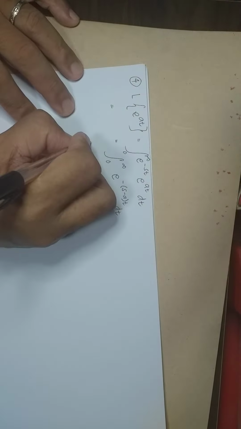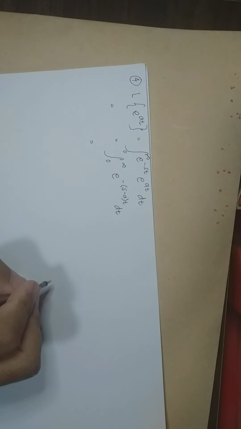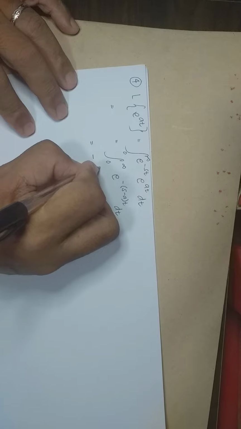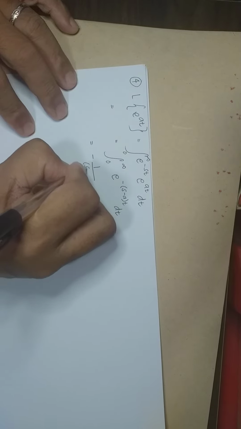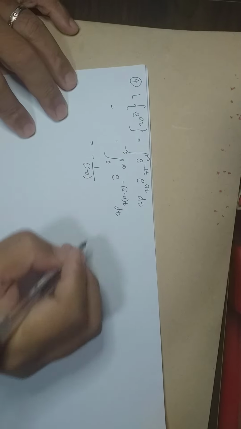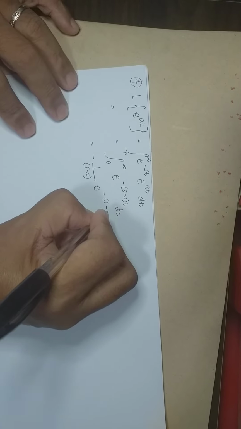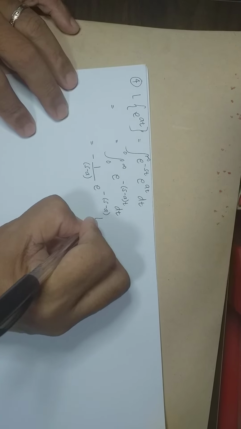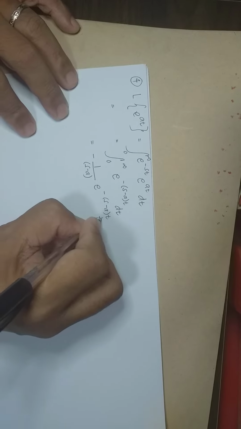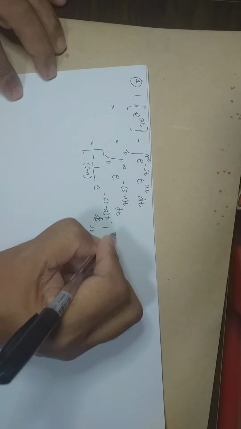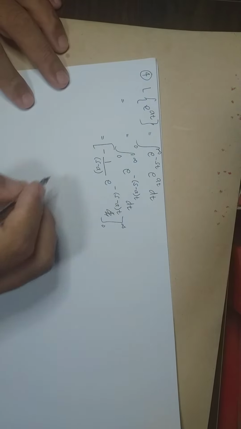Okay? Integrating this, we have negative 1 over s minus a e to the negative s minus a t, with the limits from 0 to infinity applied.